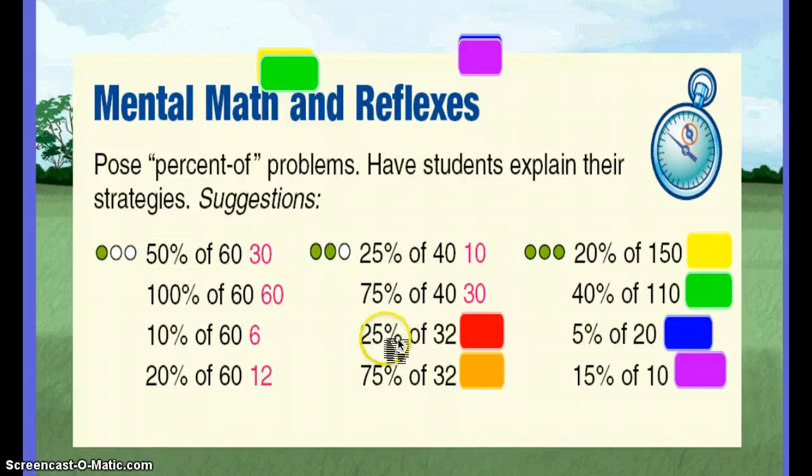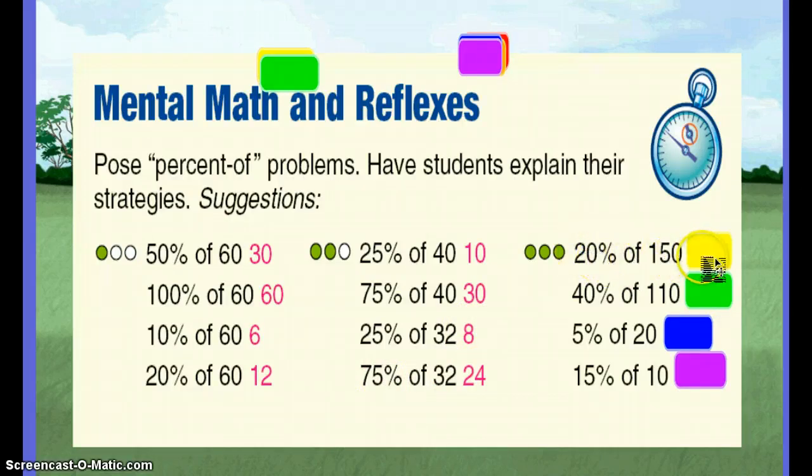So 4 times what is 32? 4 times 8. So 8 is 25% of 32. 75% of 32. Well, 25 times 3 is 75, so 8 times 3 is 24.